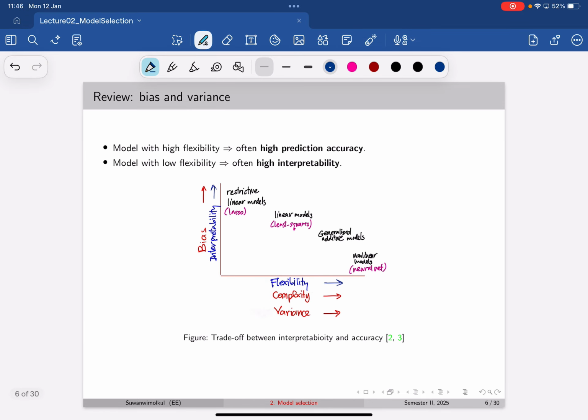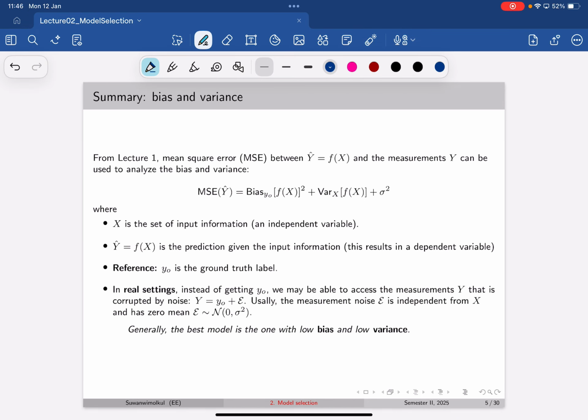So we've said before that when we train our model, initially, if the model is too simplistic, let's say you use a small number of model parameters, you often get high bias. But when your model becomes more complex, you will probably get high variance but low bias.